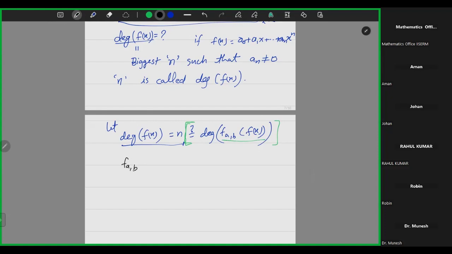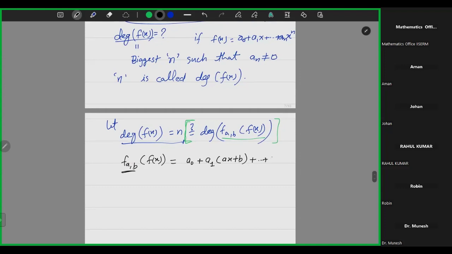Let's see FAB of Fx. This is nothing but A0 plus A1 (Ax plus B), and so on, An (Ax plus B) power n, by definition of FAB.